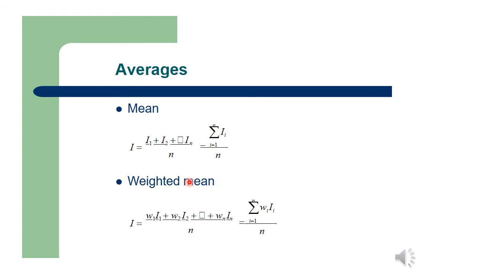Weighted means that you assign a weight to every value, multiply every value that is part of the mean with some weight, and then you calculate the mean. That is called weighted mean.